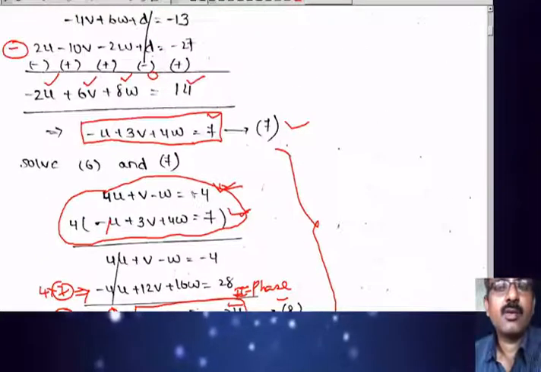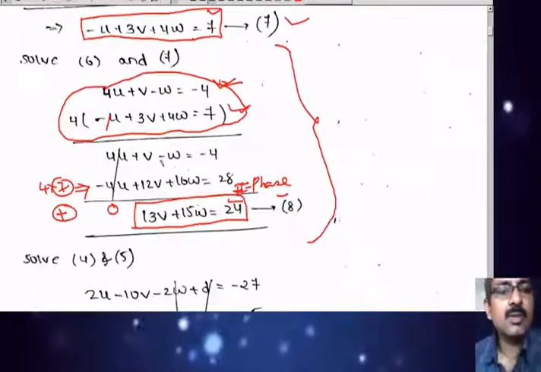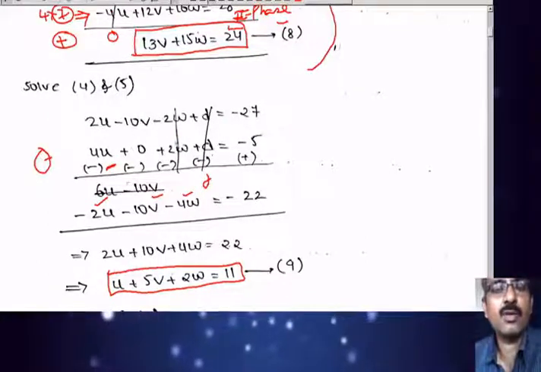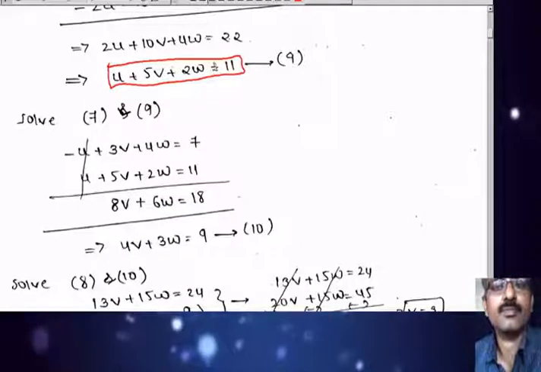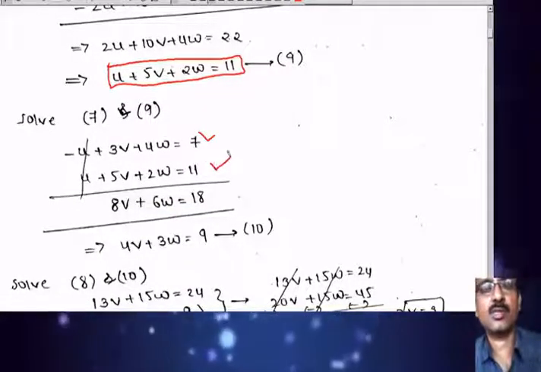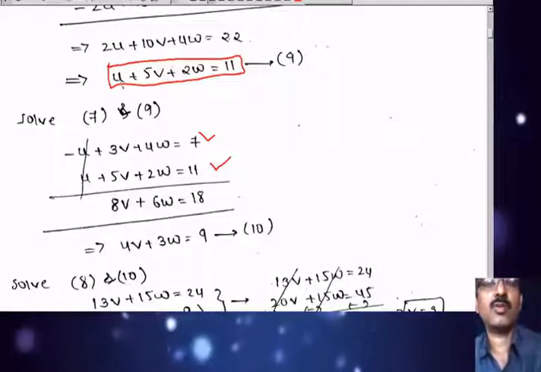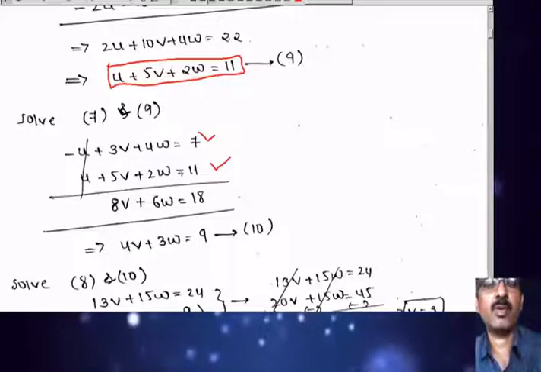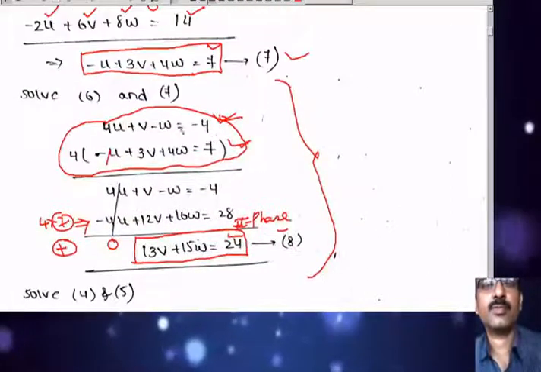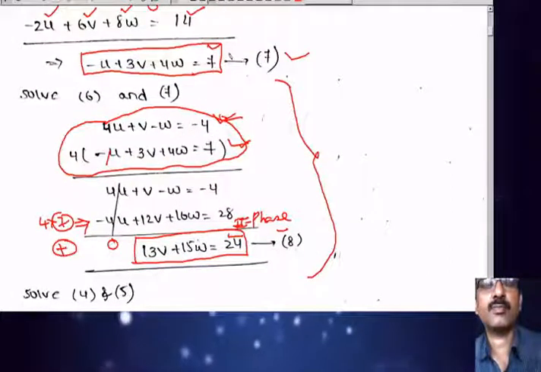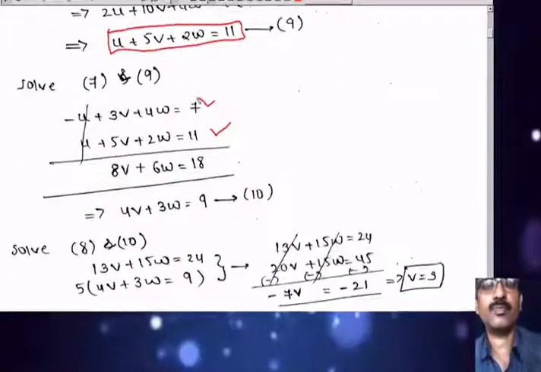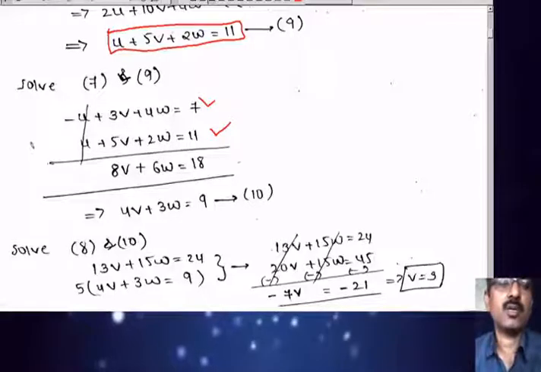Similarly, we have taken the next set of equations having u, v, w. So one is u plus 5v plus 2w equal to 11, and another is 4u minus 3v plus 4w, and we are adding.